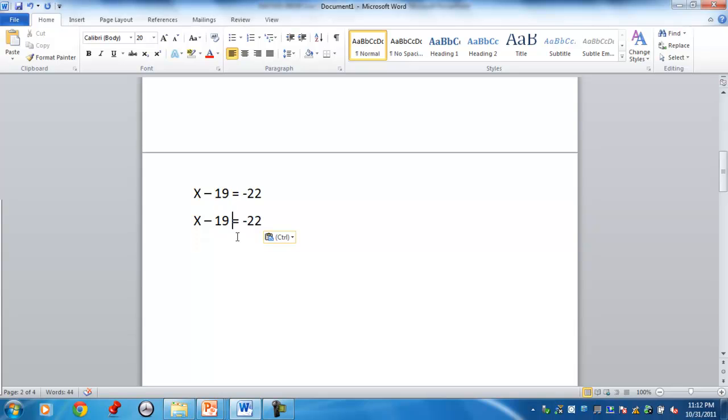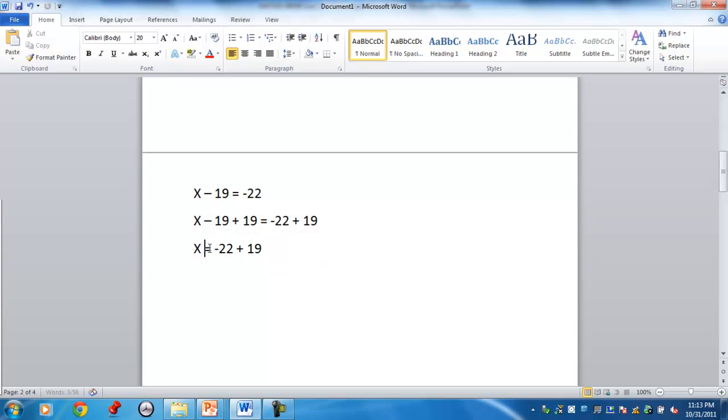And the way I'm going to get rid of the minus 19 is to add 19 to both sides. So basically what you're doing is adding the opposite, a negative 19 and a positive 19, and when you add them together they'll cancel each other out.